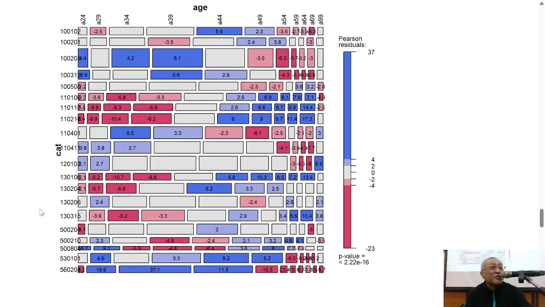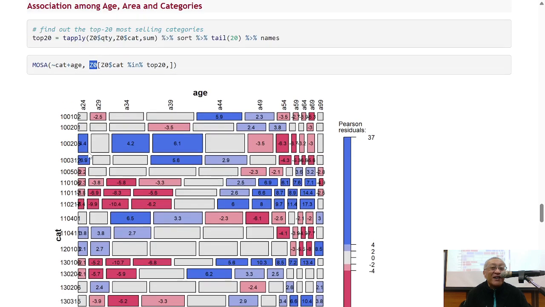2,000 product categories, right? If I make a graph of like 2,000 rows, it would be too large, right? So before anything, first of all, I find out the top 20 most selling product categories, right?